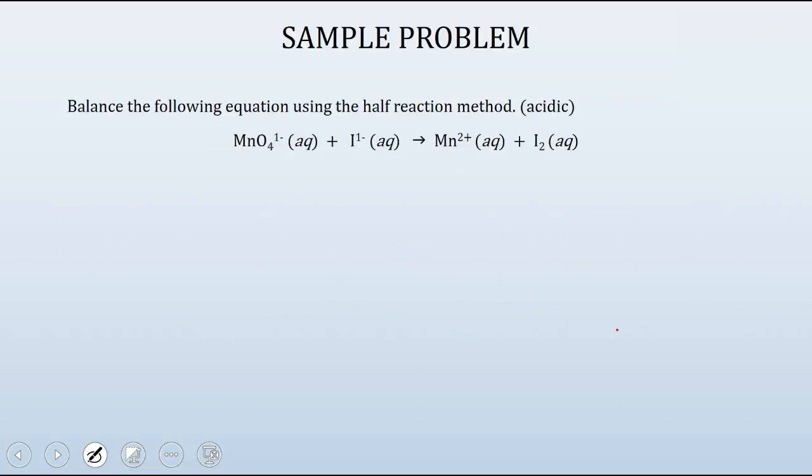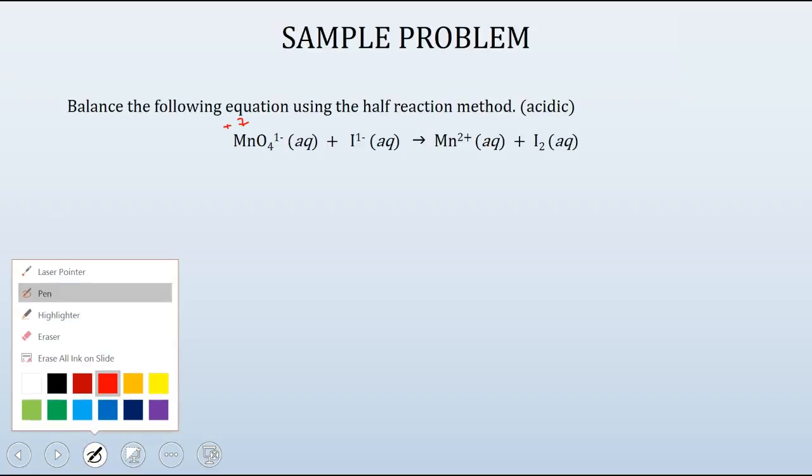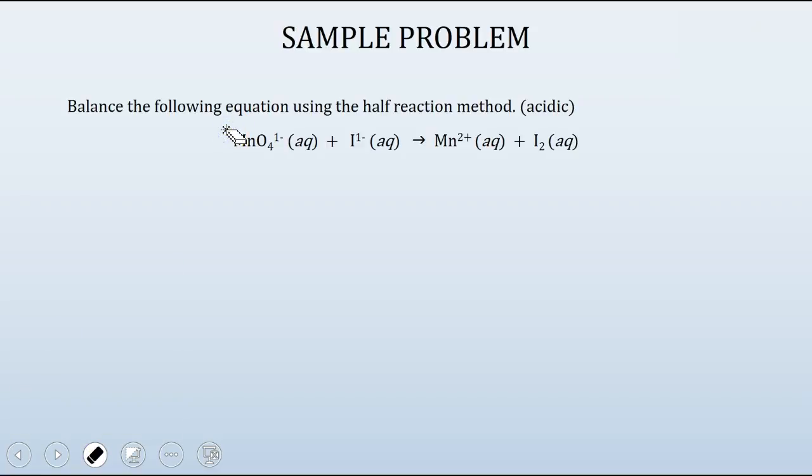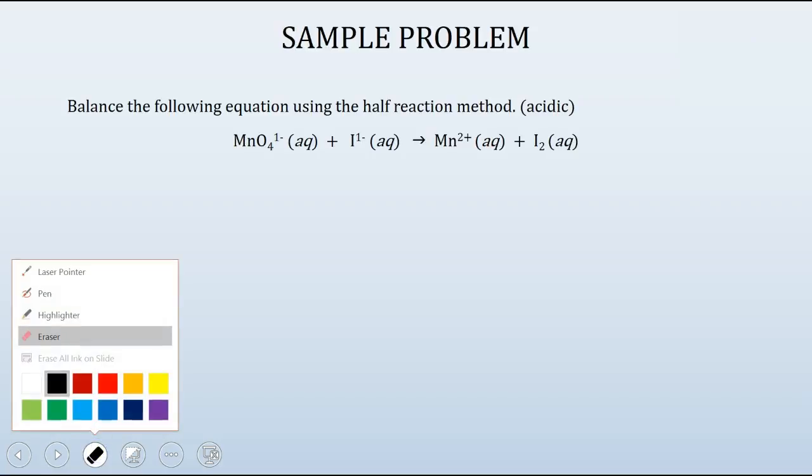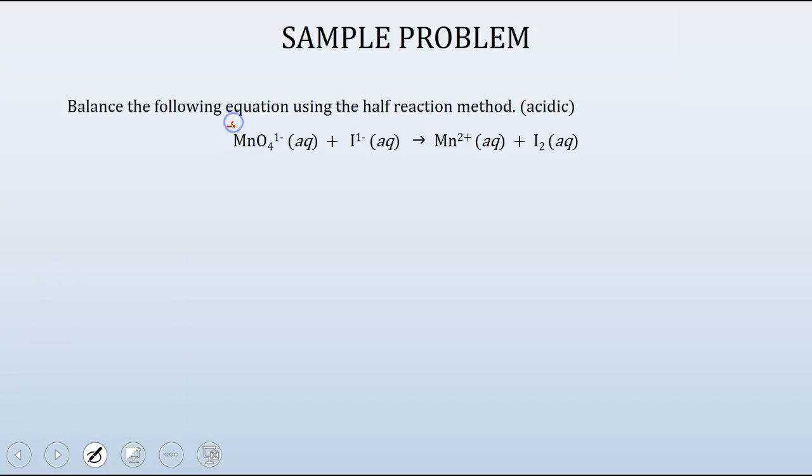Okay, let's try another one. Balance the following equation using the half reaction method. Here we go again. We know that the manganese here is going to be a +7. We calculated that the last time. Okay, +7. The I is a -1 here, Mn is a +2, and the I2 is 0.